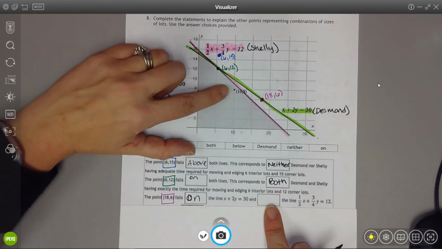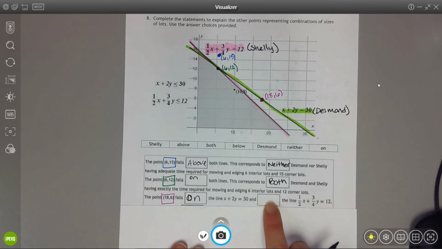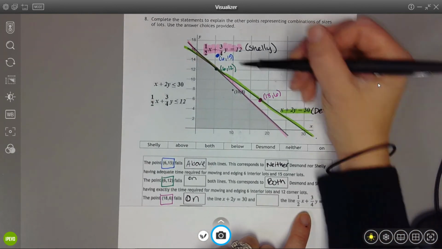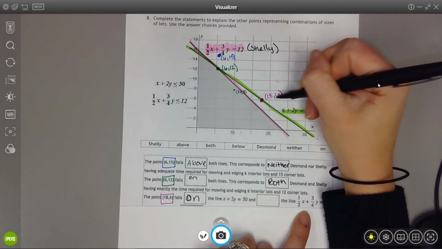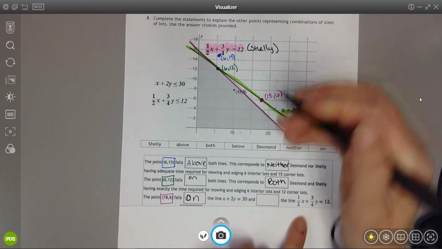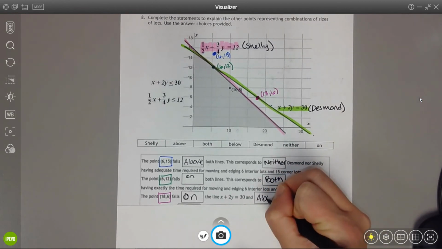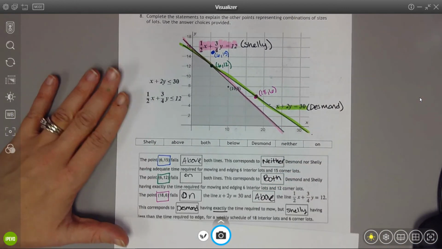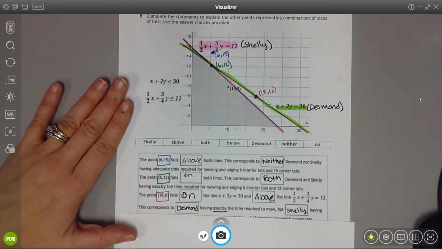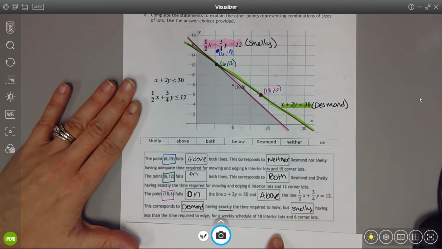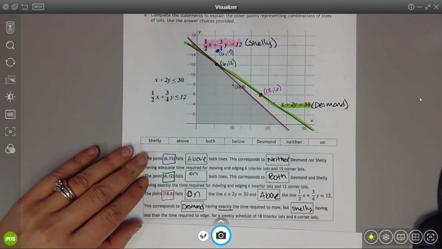And it falls above Shelly's line. So here's pink, the point (18, 6). It falls on Desmond's line, but it falls above Shelly's line. This corresponds to Desmond having exactly the time required to mow, but Shelly having less time than required in her schedule.